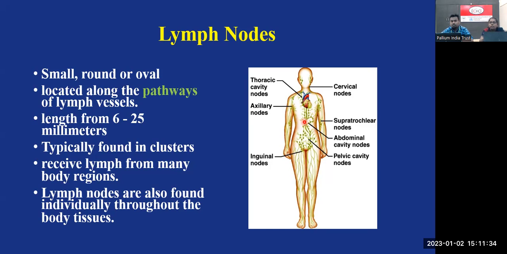I'll come later to the major function of lymph nodes. Here we need to understand that there are a lot of lymph nodes in our body that help filter out harmful substances from the lymphatic fluid.